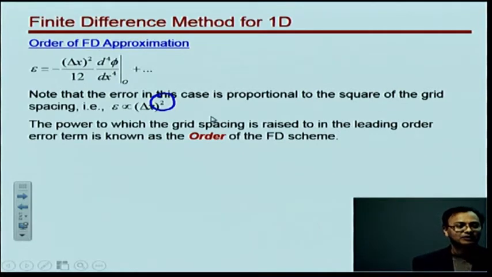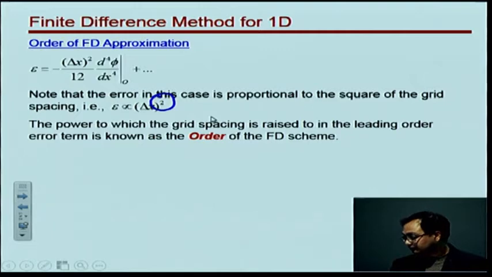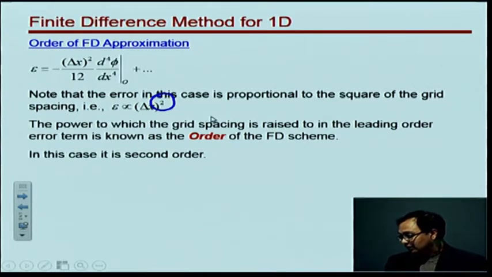If it's an equally spaced mesh, then it's easier to derive and pinpoint. If it's not equally spaced, then at best you can say it's somewhere between first and second order. All right, so in this case it's second order, and as I said, as long as it's a positive number, it's a valid scheme.